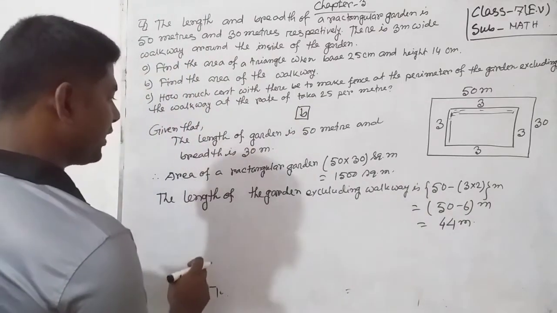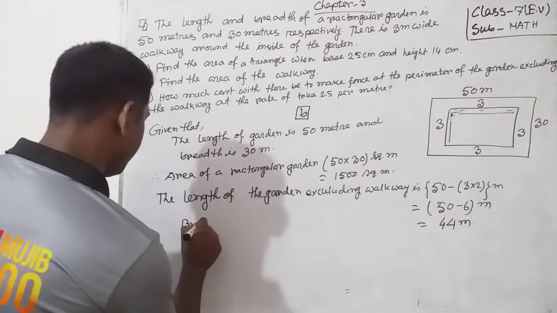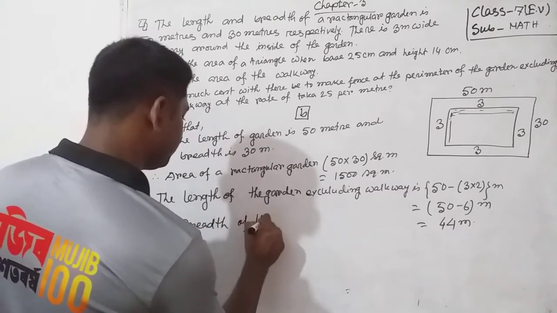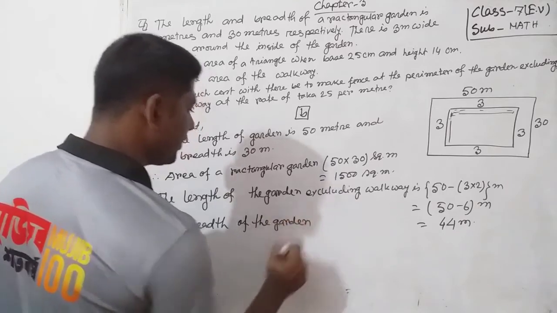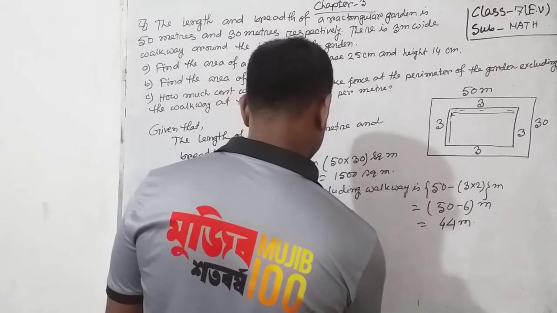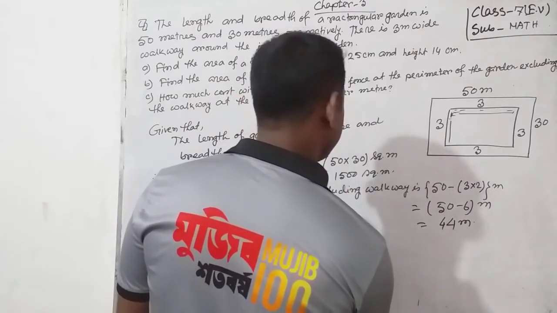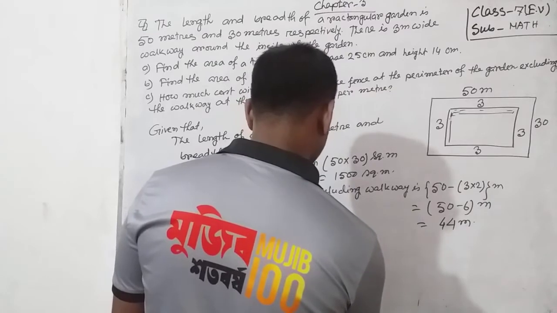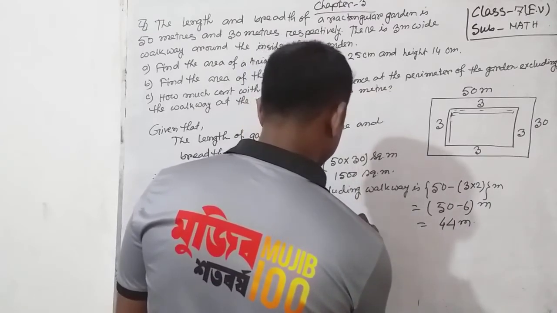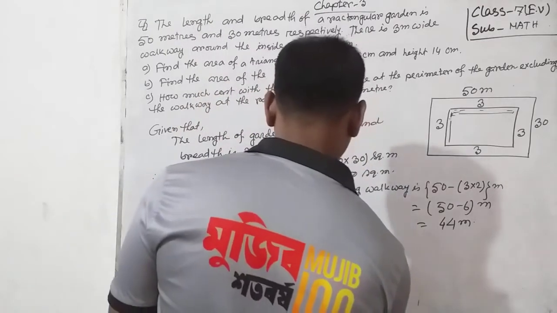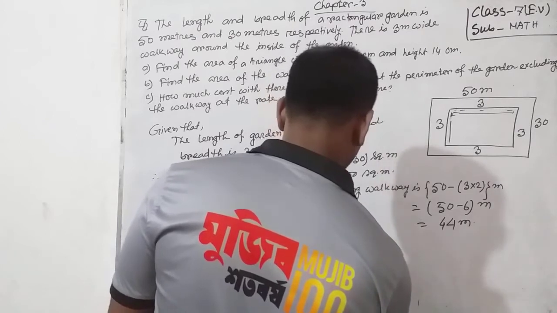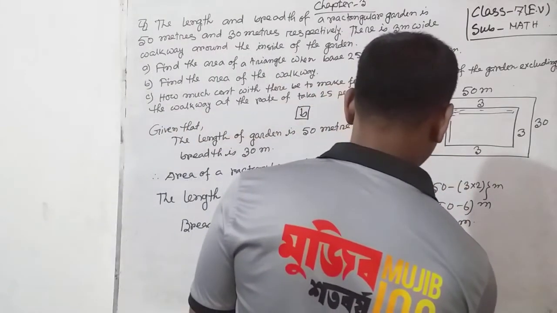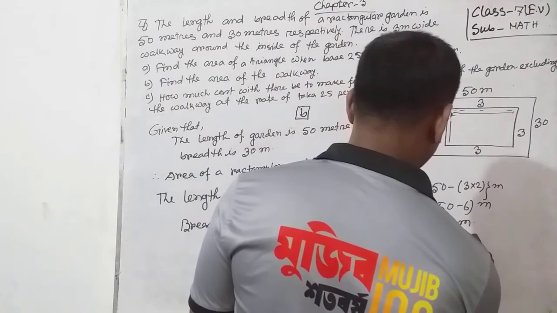And breadth of the garden excluding walkway is 30 minus 3 into 2 meter.